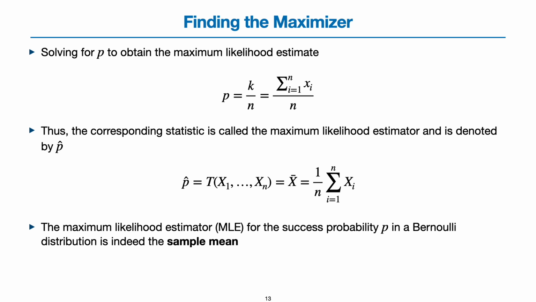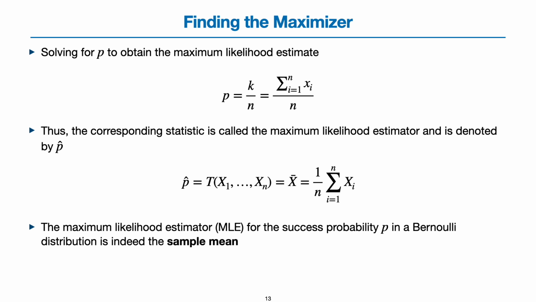So here's the critical thing. Right now, this is our estimate if we know what these x1 to xn's are. But in reality, we don't know, and we want to do this problem in a way that we can give you a general recipe or formula. So that's why now we replace these lowercase x's with uppercase X's, because these are actually random variables.